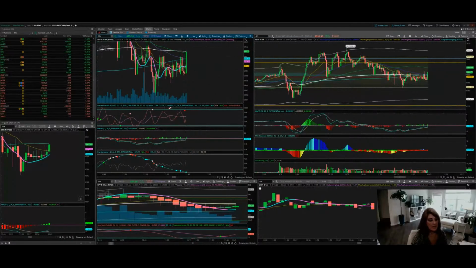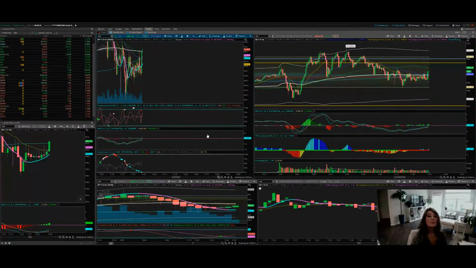Let's see what we get at the VWAP. And to hold the VWAP, let's see what we can do.